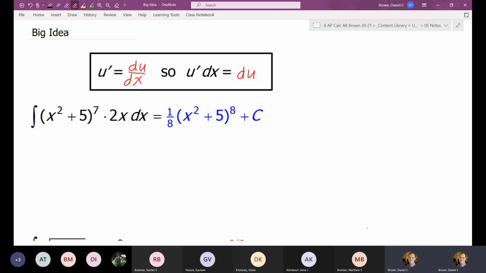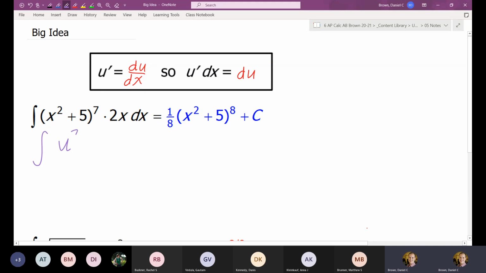To see why it works, I'm going to show you the u sub with this problem, and we're going to do a few new ones. u is often going to be the inside function. So if I want to do this problem the u substitution way, instead of the integral of x squared plus 5 to the 7th, I'm going to make it easier and just think of it as u to the 7th.